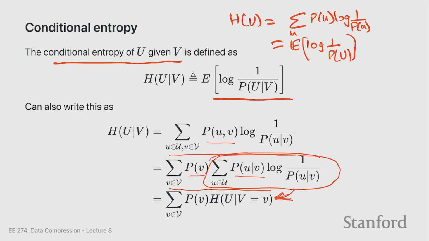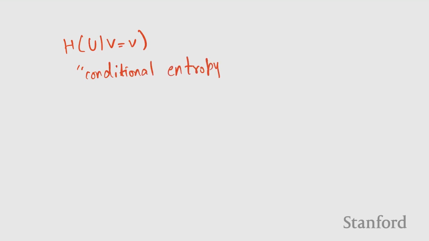So really we are defining two quantities. One is this thing, which you can read as the conditional entropy of U given V equal to v. So if you know that V is equal to small v, then what is the conditional entropy of U?